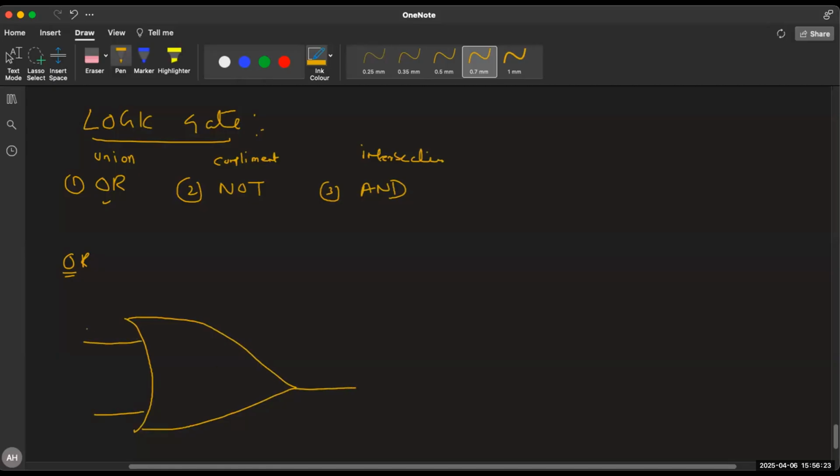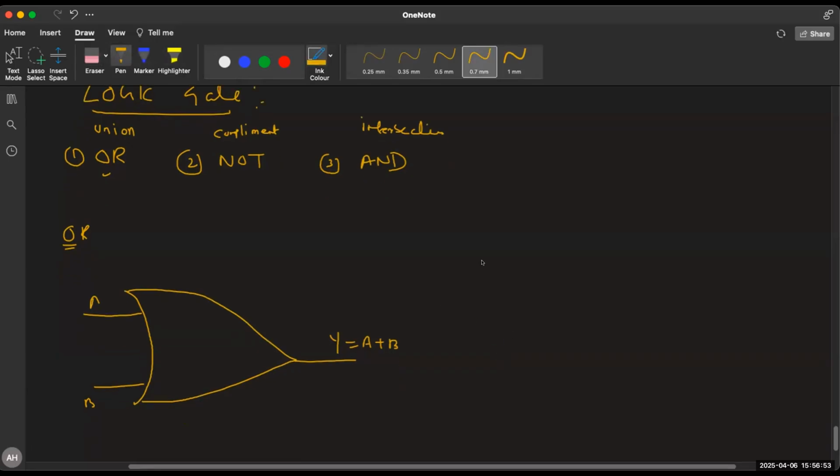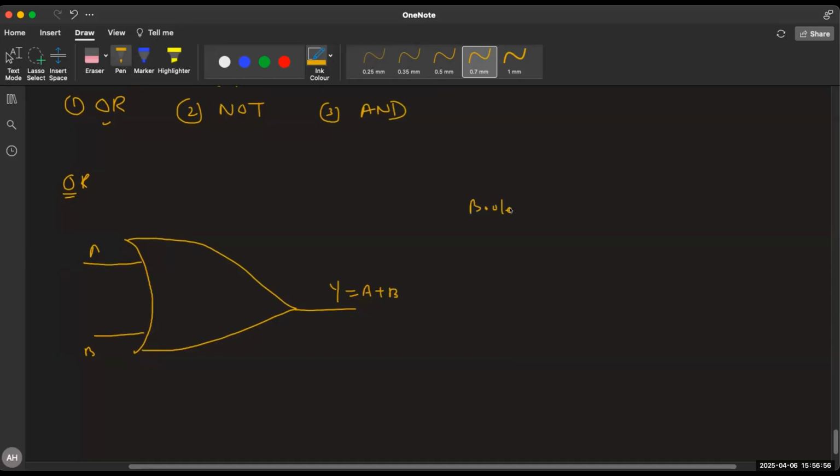The OR gate has two inputs, A and B, and there is one output Y. The Boolean expression is Y equals A OR B. So if you want to build an OR gate, let's first write the Boolean algebra, then it will be easier.